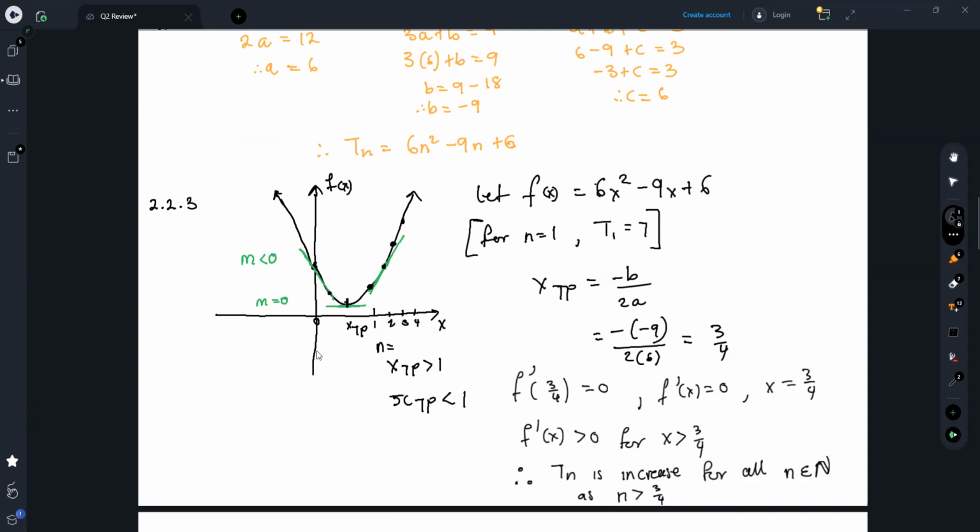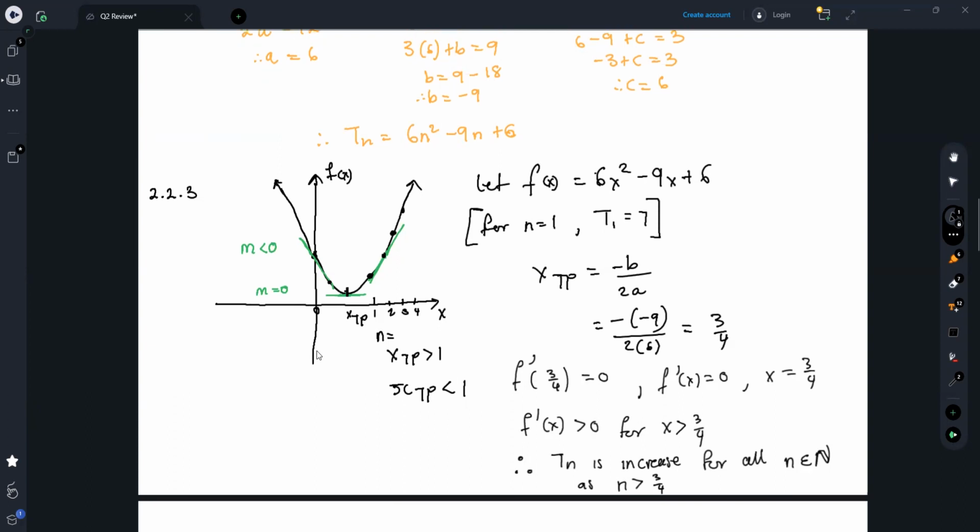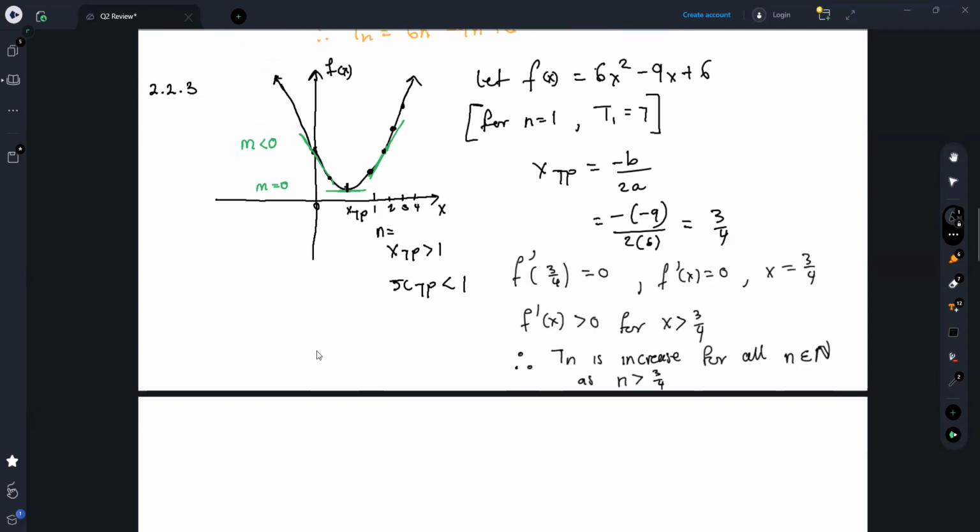So that's a line of thought that we can use here. Surely this could be cleaned up in a much nicer way, but that's the line of thought that we can produce here. And yeah, we would have shown.